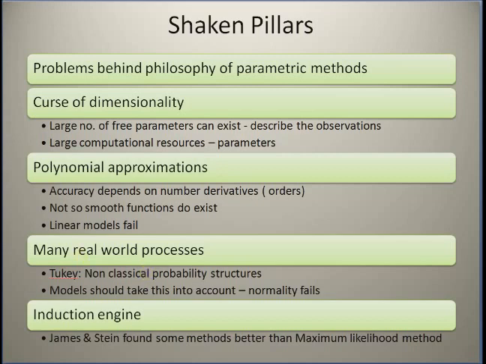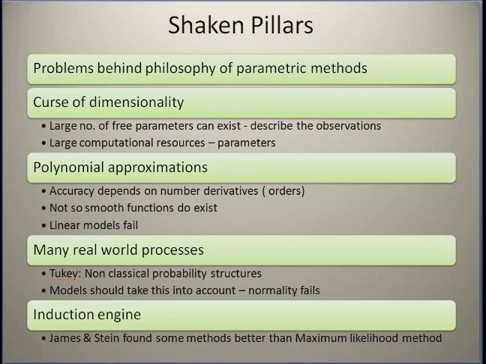The first one is famously known as the curse of dimensionality, which basically says that as the number of free parameters increases, which in real world applications is not very small, for example, when you are trying to represent social media data or market data, you usually have hundreds of parameters influencing the observations. To represent these hundreds of parameters, you need an exponentially large amount of computational resources. That is, as the number of parameters increases, the required computational resources also increase exponentially.